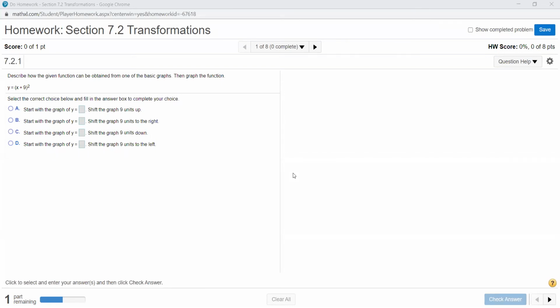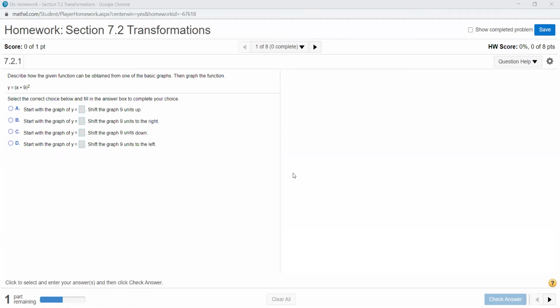Okay, so this one says y equals (x plus 9) squared, with the x plus 9 in parentheses. Which means, again, I'm going to start off with the x squared graph. And since I have plus 9 in parentheses, I'm actually going to shift it to the left 9, right?